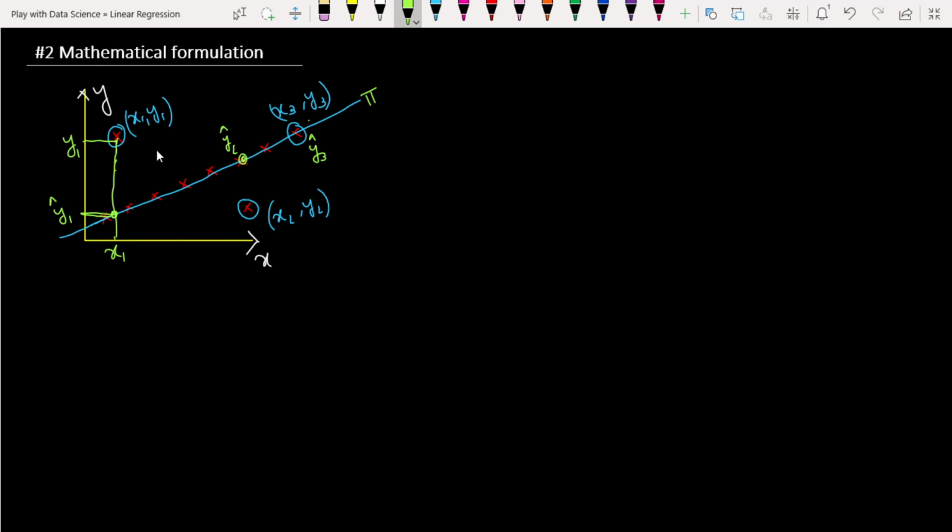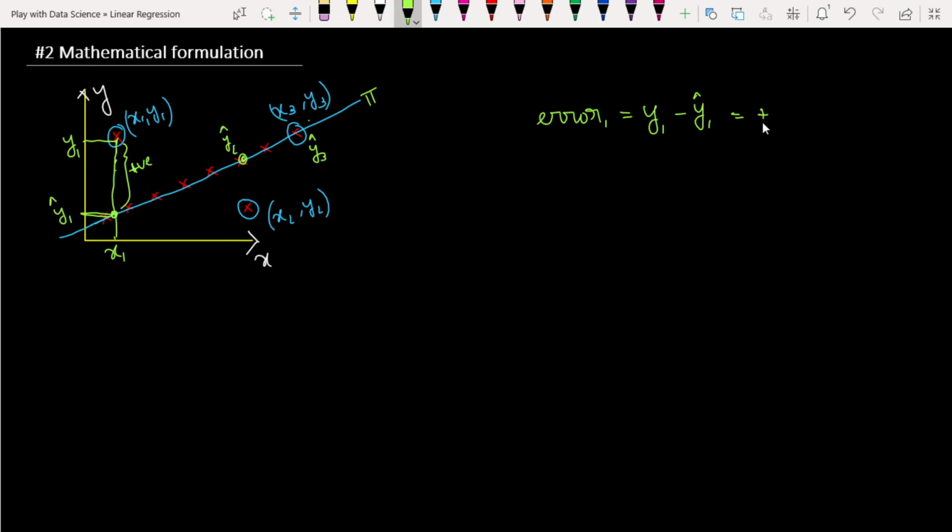Now we already discussed in the previous lecture what the error will be. The first point we call error 1. Error 1 means our actual output minus our predicted output, y1 minus y1 hat. At the first point our actual output is greater than our predicted output, so this will be positive.